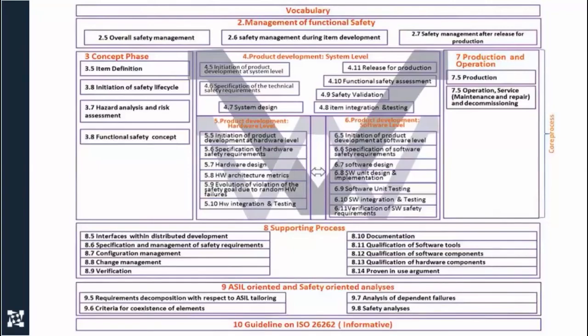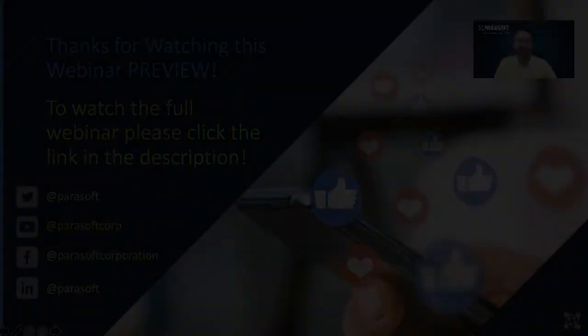You will notice on the right side of that little box the beginning of a gray shaded V watermark. The shaded V represents the interconnection among parts 3, 4, 5, 6, and 7. These parts of the standard are based upon a V-reference process model.